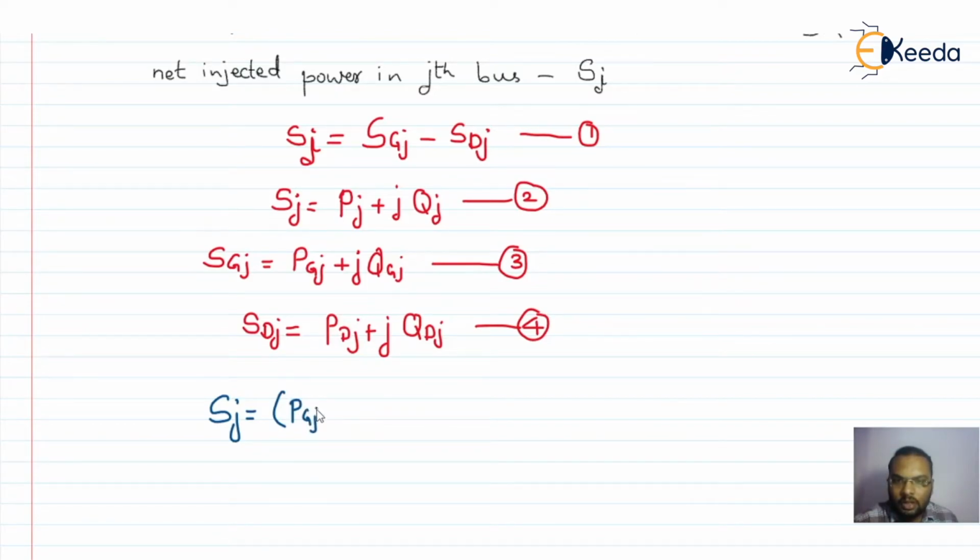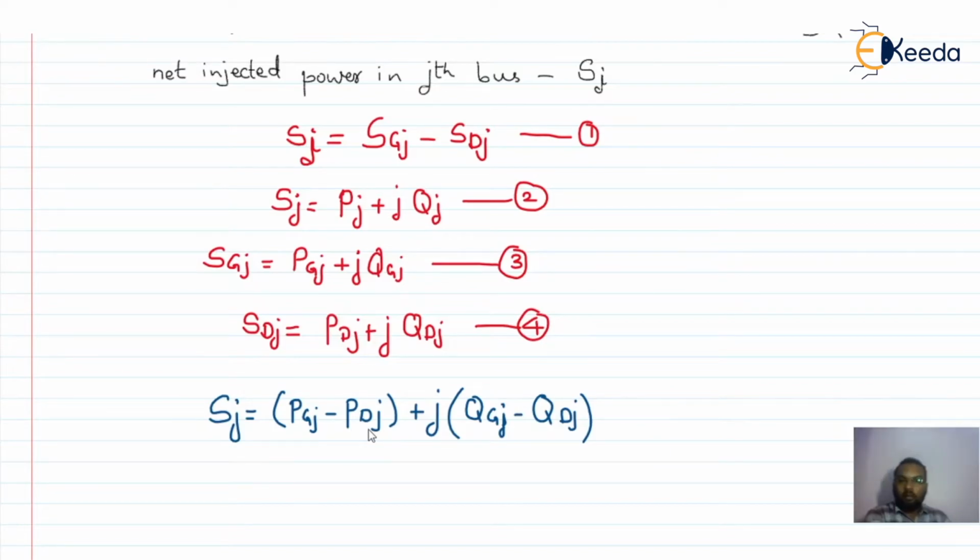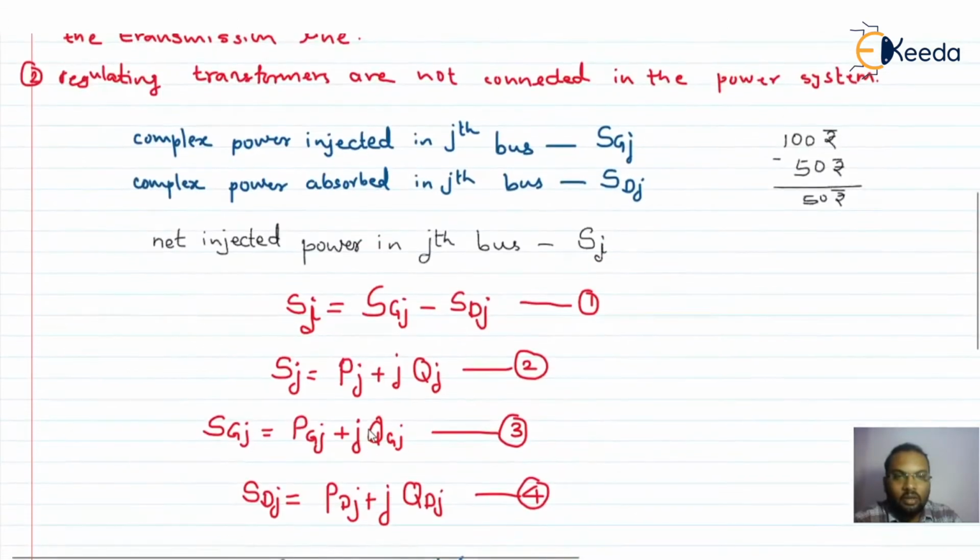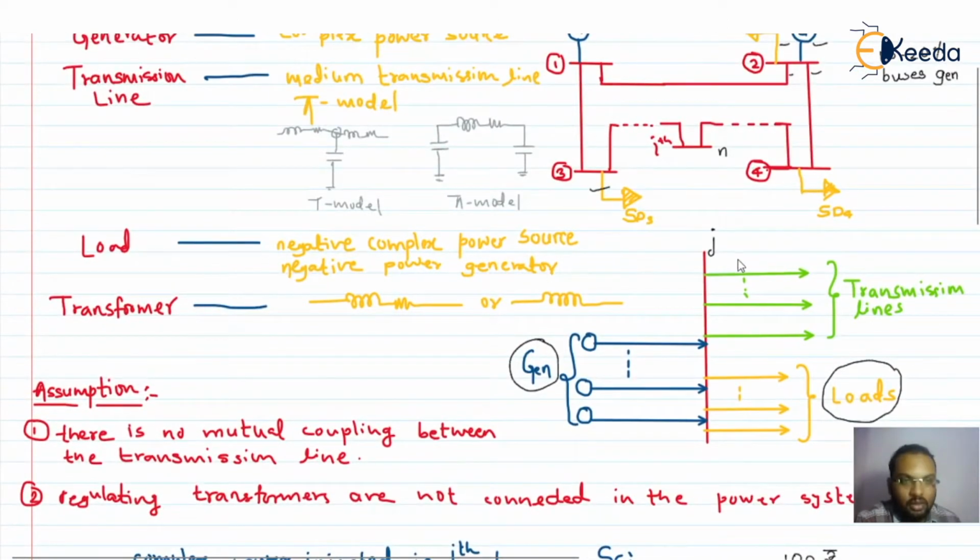Real power generated at the Jth bus minus real power absorbed at the Jth bus, plus j times the reactive power generated at the Jth bus minus reactive power absorbed at the Jth bus. Okay, so with this equation, we can easily calculate the net complex power injected in this particular jth bus.